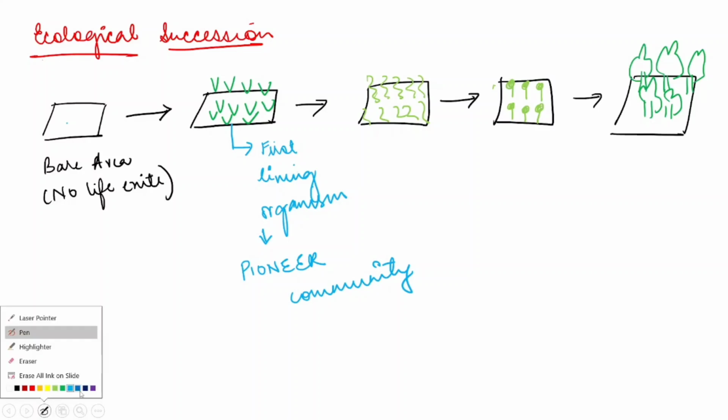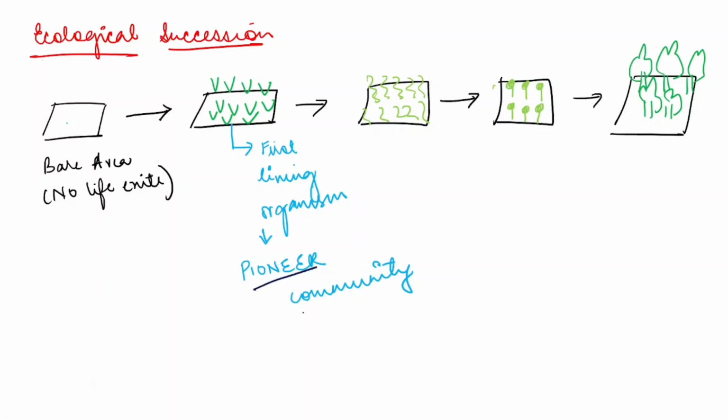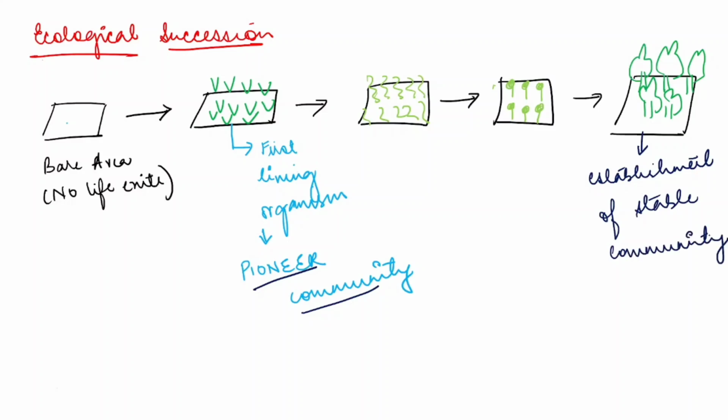And after some time, what will you see? You will see that this pioneer community is again replaced by other communities, and at last there is an establishment of a stable community. This stable community we call the climax community.